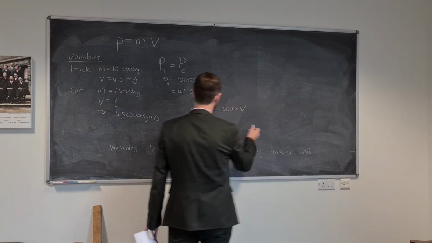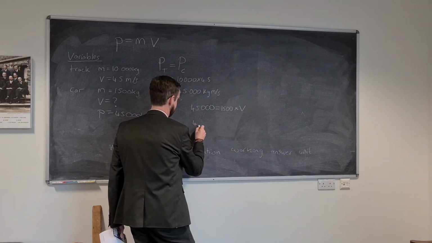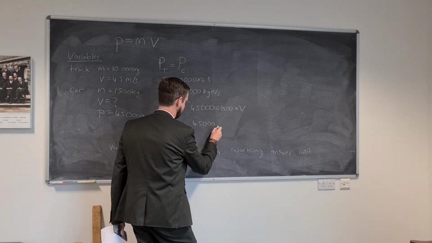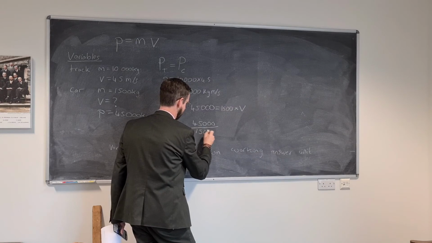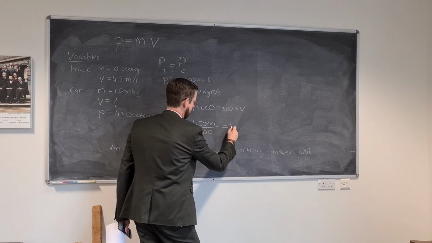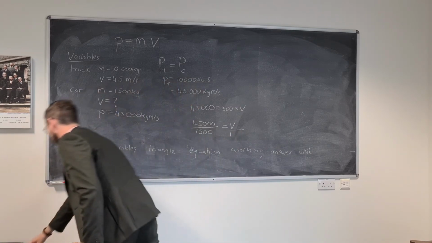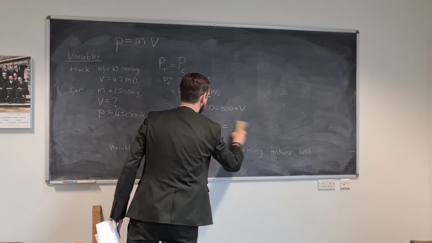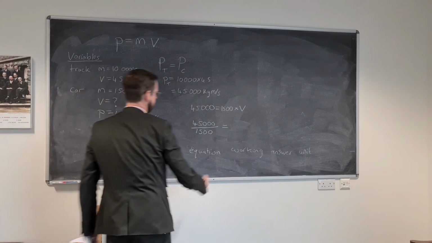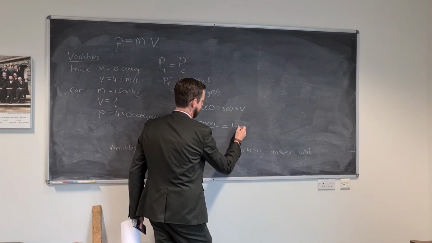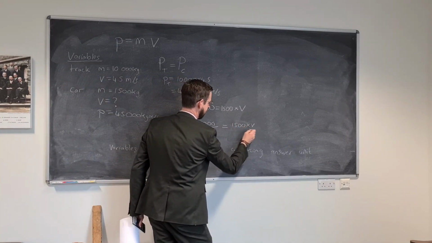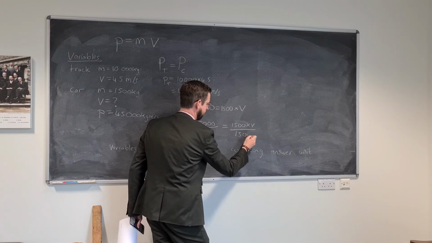So by dividing both sides by 1,500, just to make sure we include all of the steps for clarity, I would end up with 1,500 times V divided by 1,500.